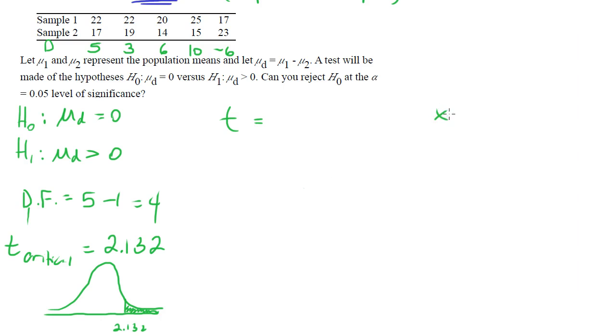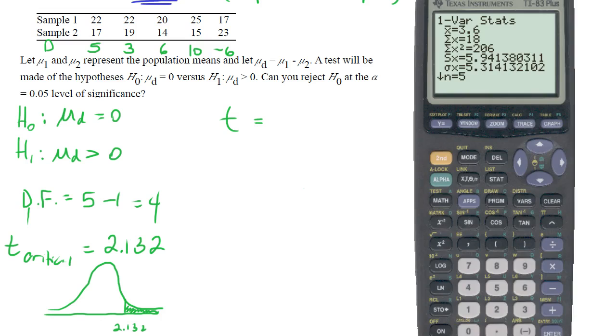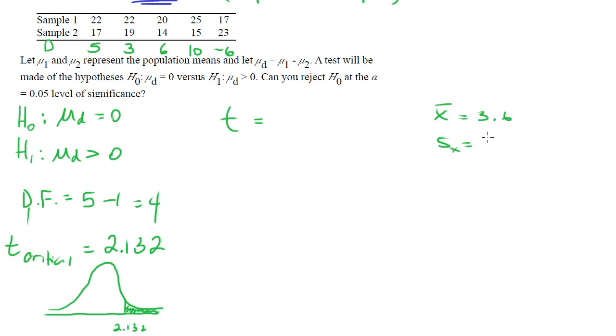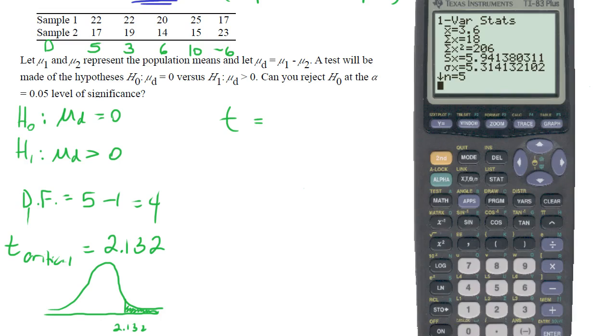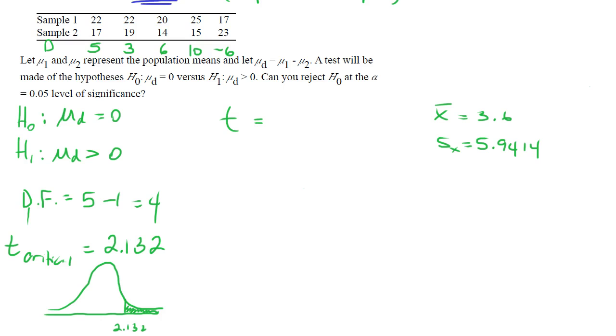So our x bar is 3.6, and our standard deviation, and this is the same for d, these are the d's essentially, is 5.9414, the sample standard deviation.